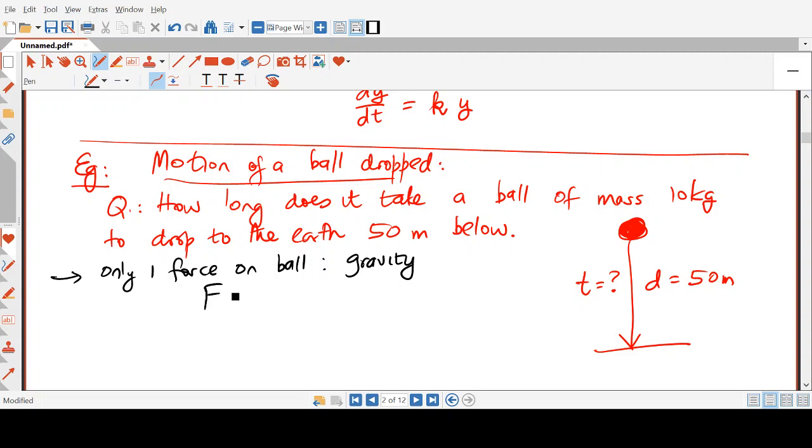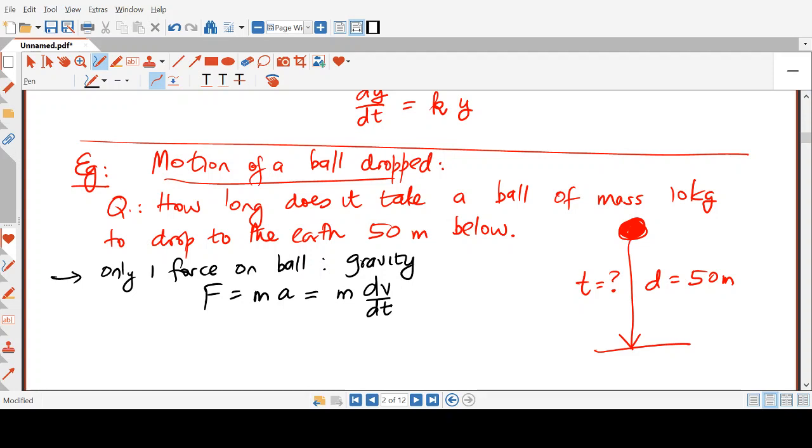And that is given by F equals ma. If you want, you can write it as m dv/dt. What's dv/dt? It's a change in the velocity per time. Isn't that the acceleration? A is acceleration.